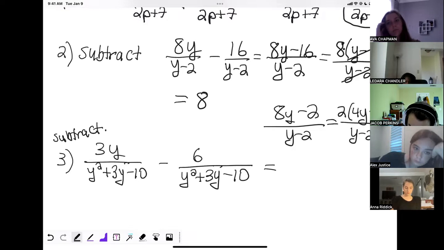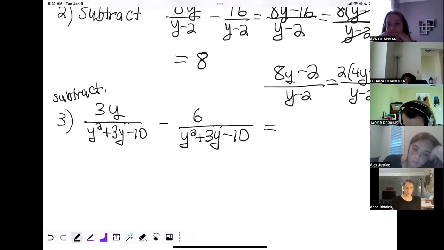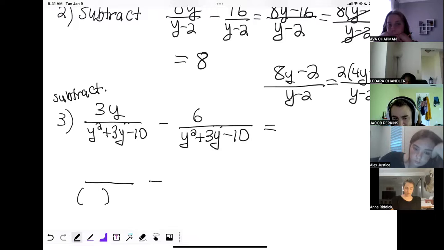Number 1, if you can factor, you factor first. I know they're common denominators, but I need to see if I can factor them. And I'm going to change them to be factored if I can. So let's see. Can I factor them? Two numbers are multiplied to be 10, but will add up to be 3. One's negative, one's positive.